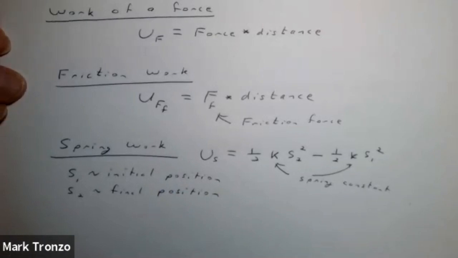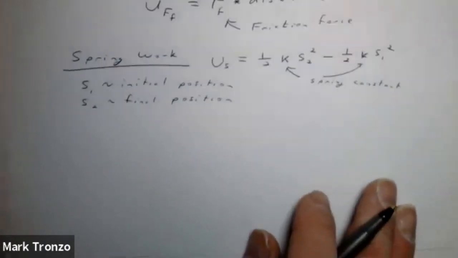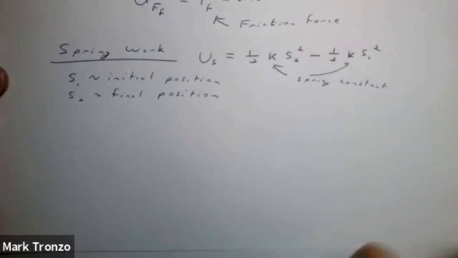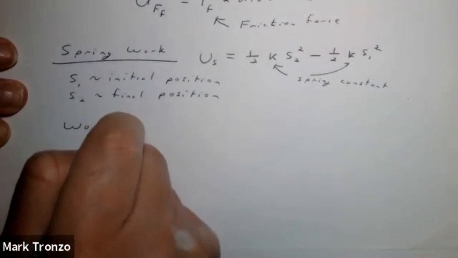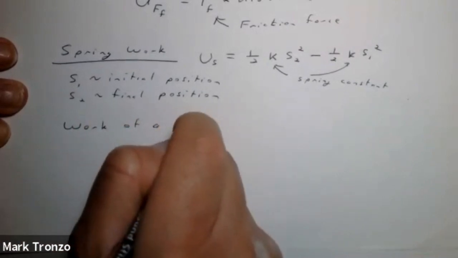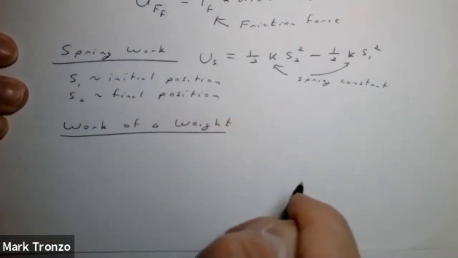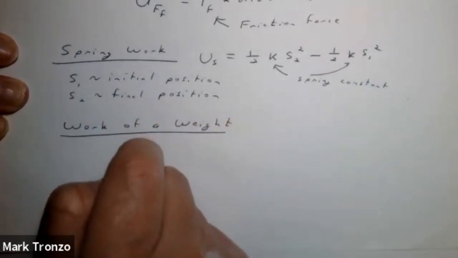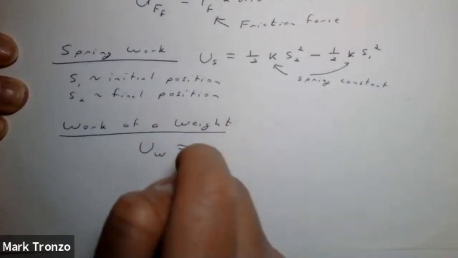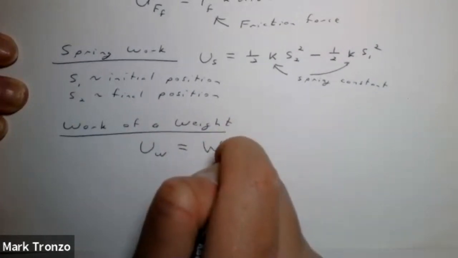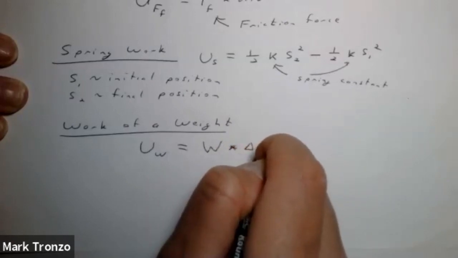And then finally, there's the work of a weight. And so that's just simply going to be represented by U. Usually I'll make it U of W is equal to the weight times the change in vertical distance.